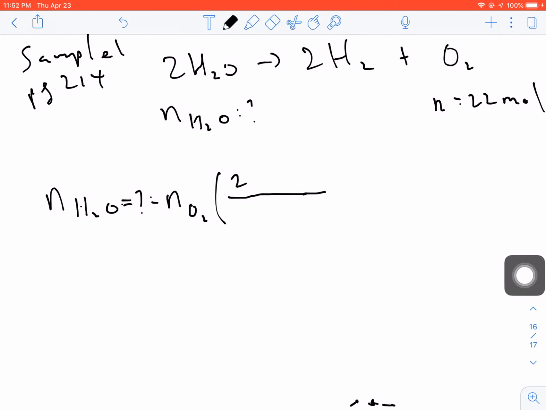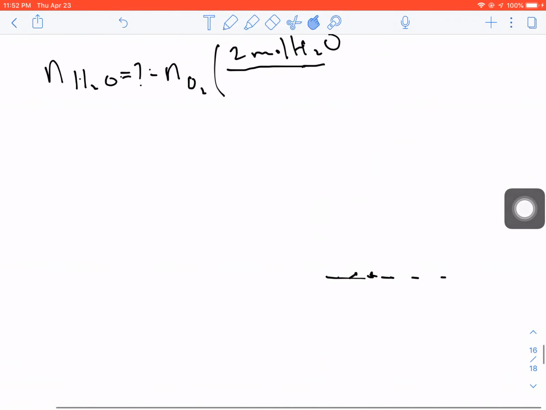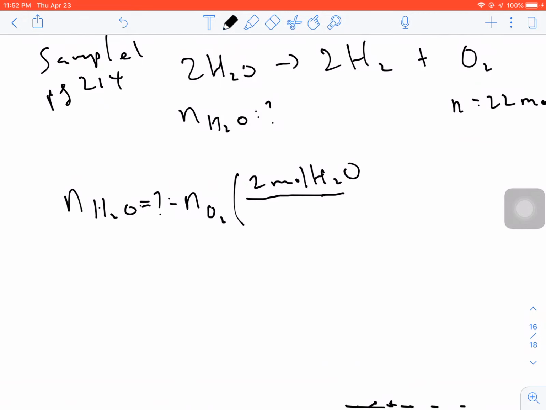I can see from the balanced equation there's 2 moles of water, and oxygen is just 1 mole. Oops, in my balanced equation, it's just 1 mole of oxygen. Okay. Now, I should actually have put my number of moles of oxygen in there, which is 22.